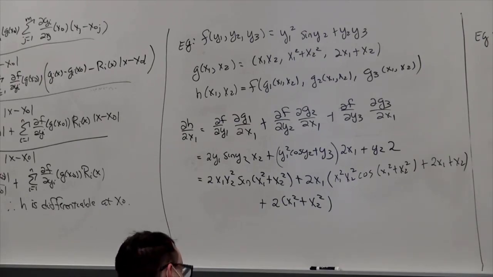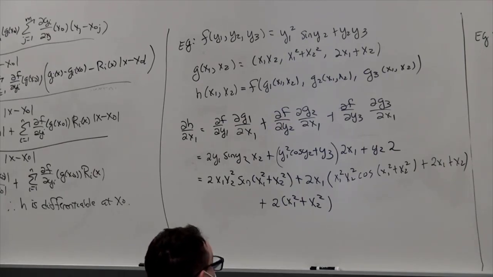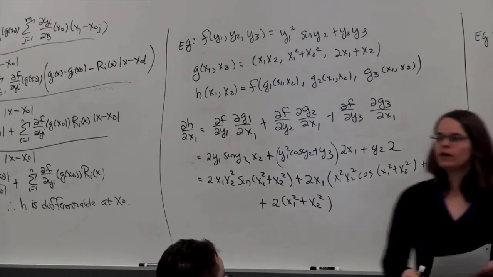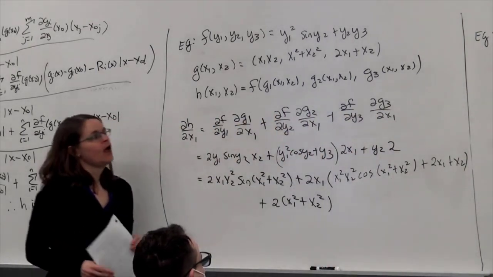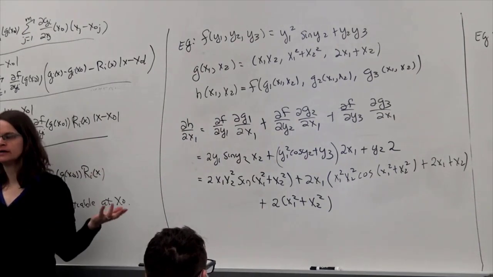Right, so h and f are the same function. If, say, this is meant to be the temperature in space and you draw your disk and look at the temperature, these will both give you the same results, but this you'll access by looking at the Cartesian coordinates, and this you'll access by looking at the polar coordinates, but it's the same function. Okay, so then we might want to say, well, how do I convert?